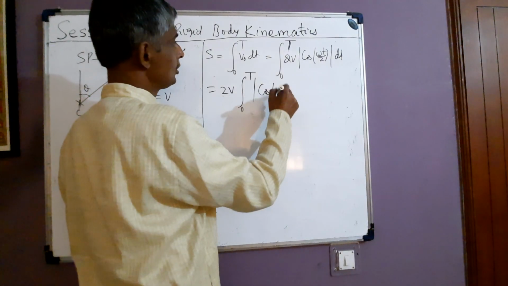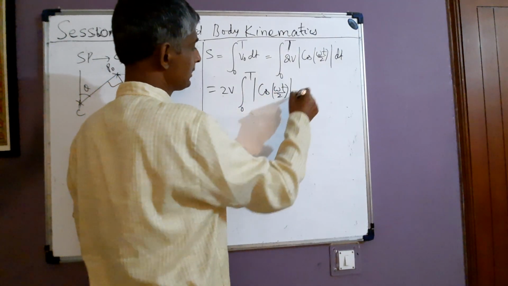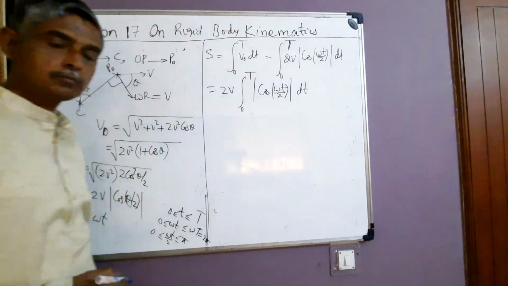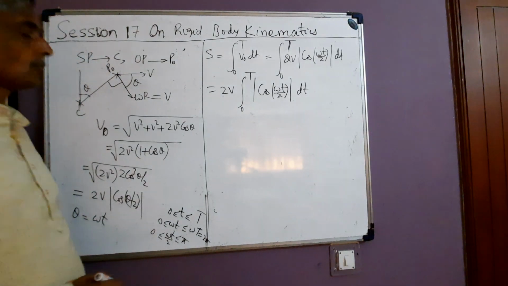Mod of cos of omega t by 2 into dt. Alright, fine. Now we have to integrate this.